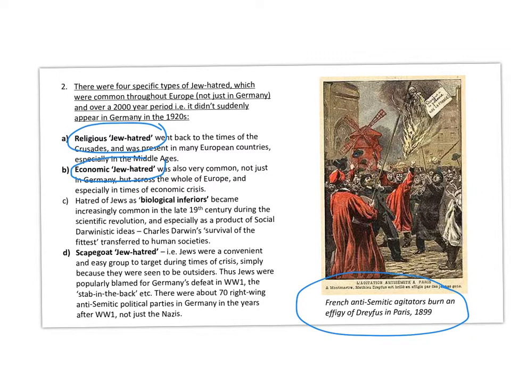Then you've got hatred of Jews as biologically inferior. Now, this was a new type of Jew hatred. It wasn't specifically Nazi. It appeared before Hitler, during the scientific revolution. We've already done social Darwinistic ideas that gathered popularity with a minority of people across all countries, radical groups taking Darwin's principles of the survival of the fittest and arguing that human societies operated by the same laws.